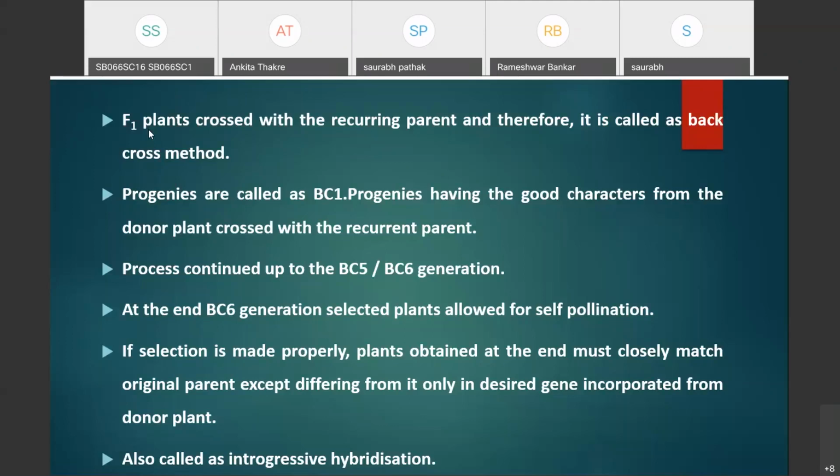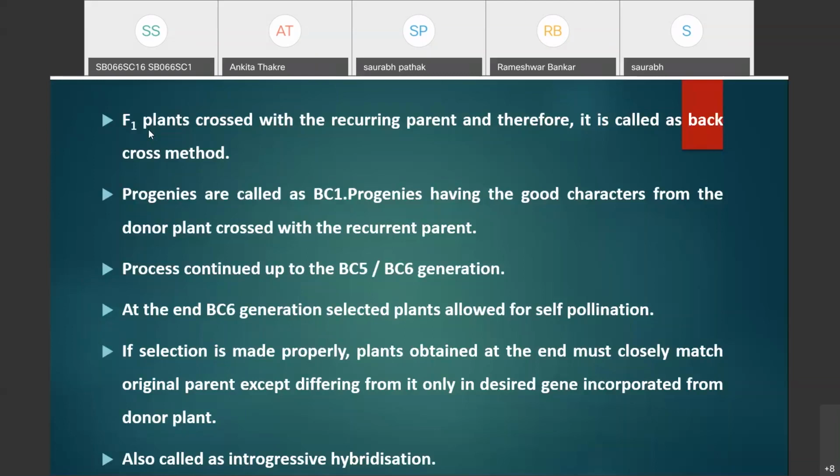In those methods, the F1 progenies are allowed to self-pollinate. But in the backcross method, the F1 progenies are crossed with the recurrent parent, and therefore this method is called the backcross method.